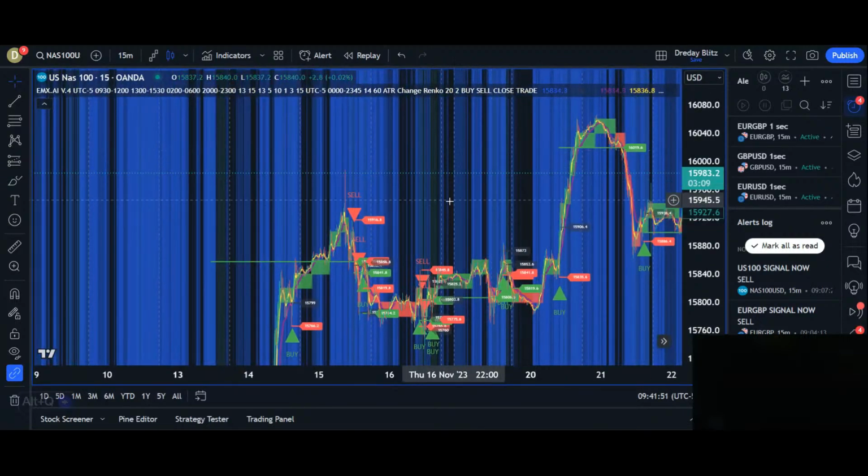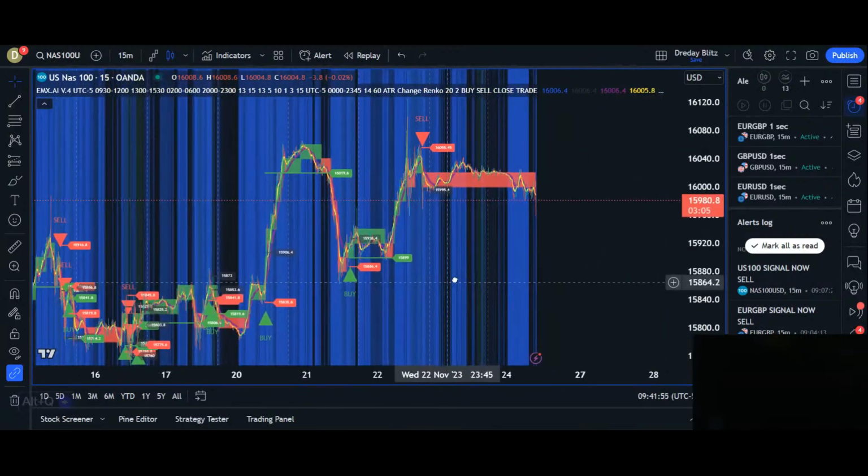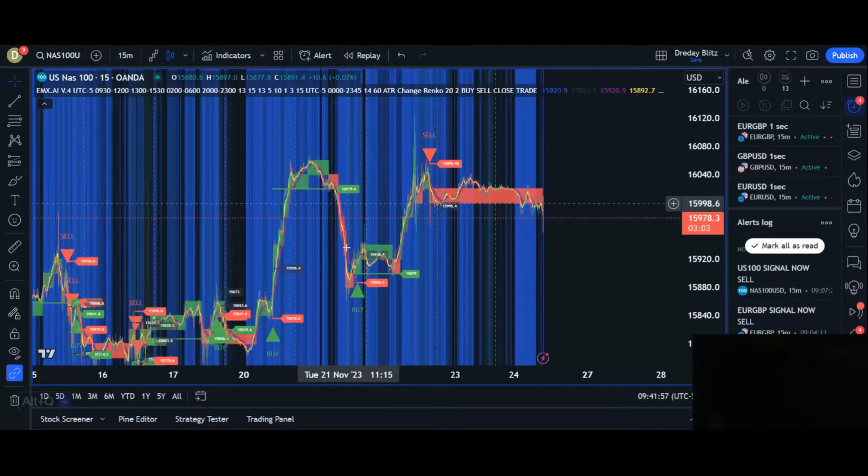So I'm expecting next week to have a bearish movement here in continuation for Nasdaq and any indices here. So I'm pretty sure it's still gonna go down. What is your opinion on this today? Should it reverse also? Yeah, it will reverse eventually.